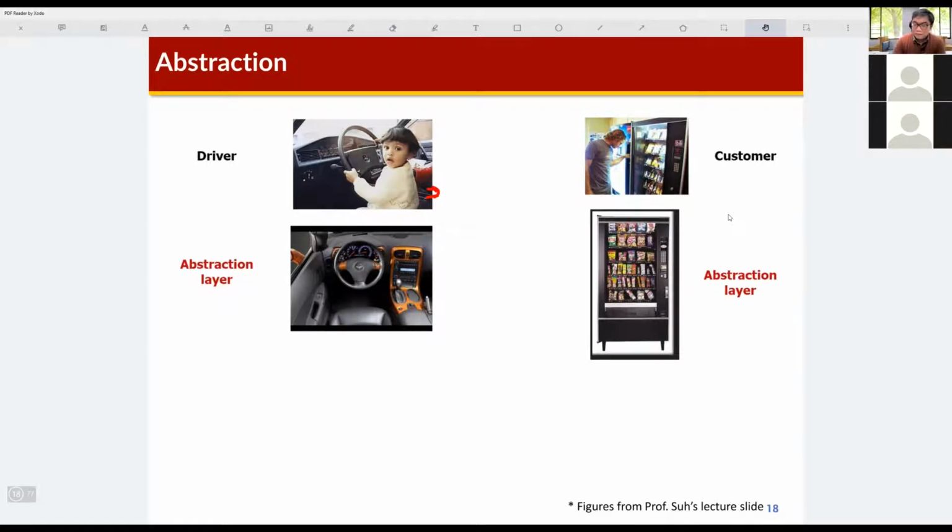But inside of a car, we know that the system of a car is very, very complicated, very complex. We are not mechanical engineers, so we don't know about the inside of a car, but in common sense, we know that inside of a car there is an engine.